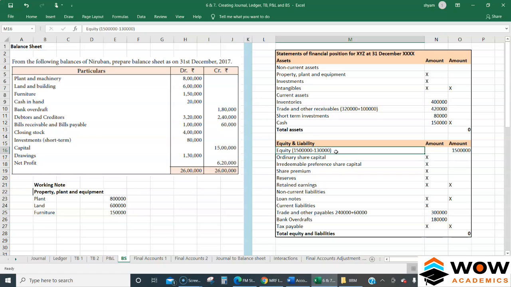Normally in company accounts we don't have drawings as an element, only in a single person's account. So that comes to 13,70,000.